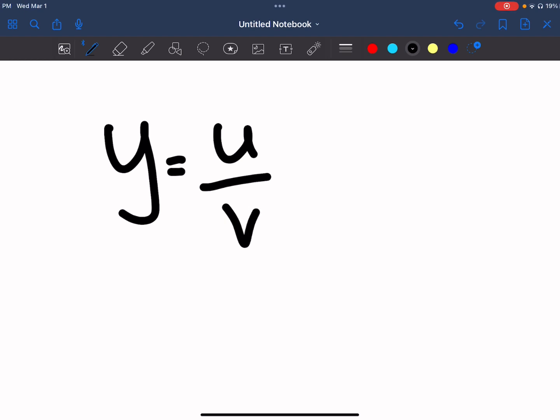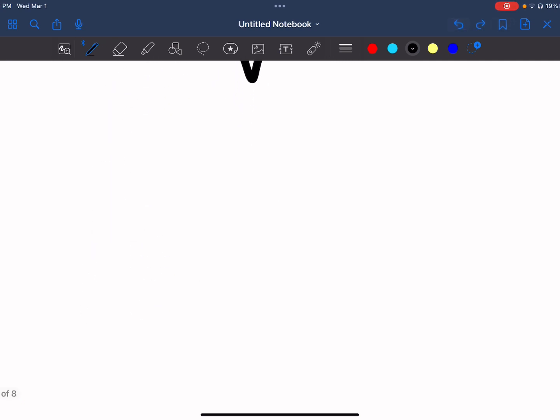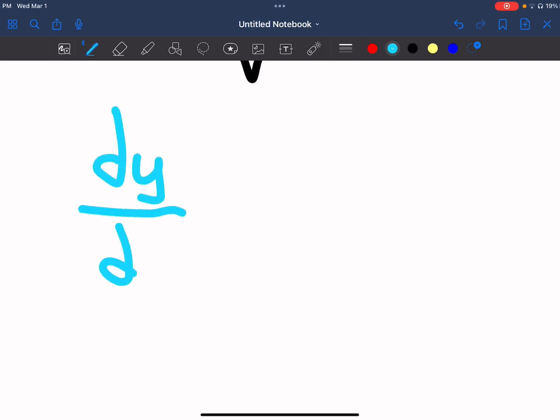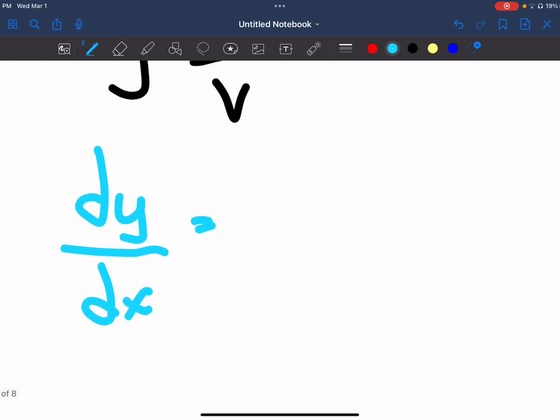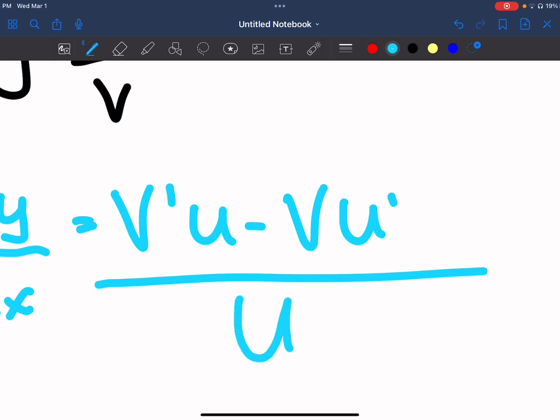In order to differentiate this, we'll say that dy by dx is equal to v prime u minus v u prime, all over u squared.